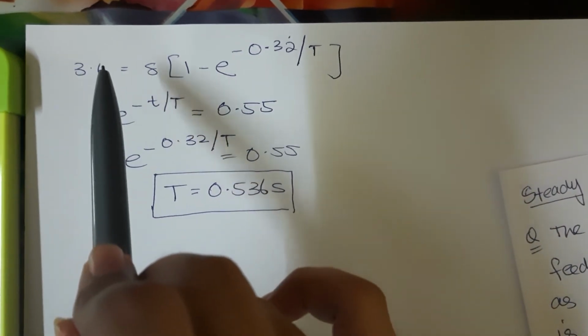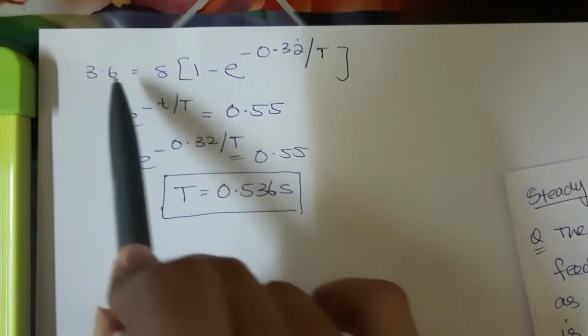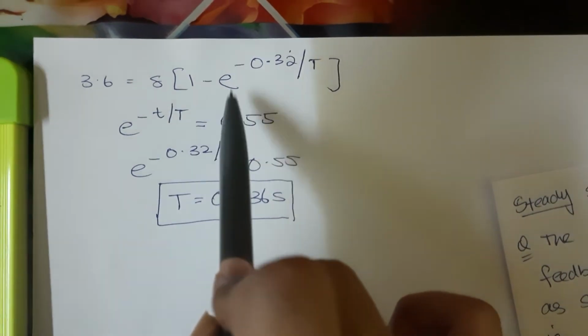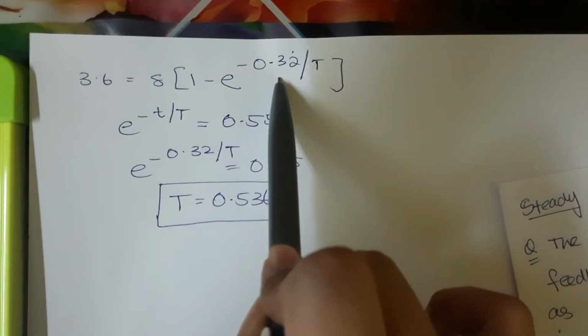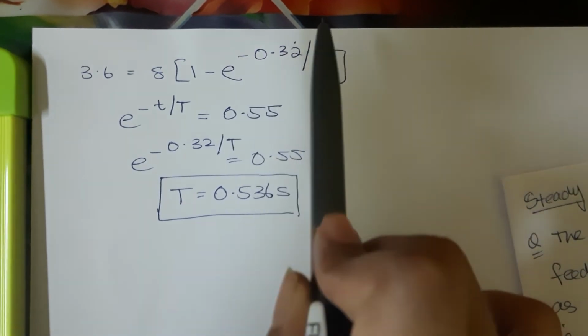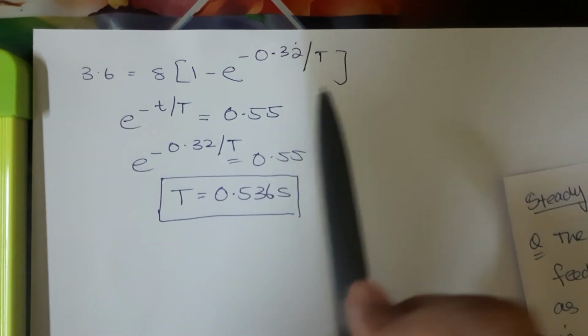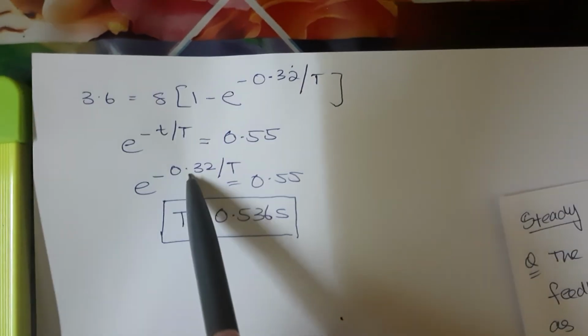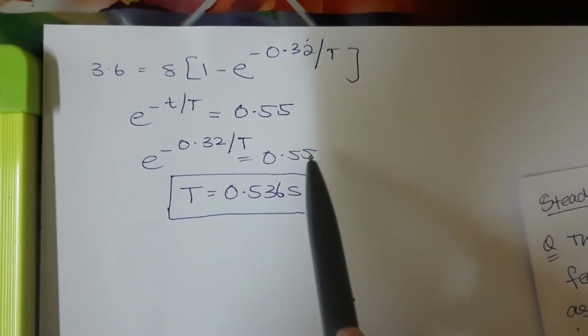So y(t) is 3.6 is equal to 8 into 1 minus e to the power of minus 0.32 by T, where t value is 0.32. After simplifying, I will get e to the power of minus 0.32 by T equal to 0.55.